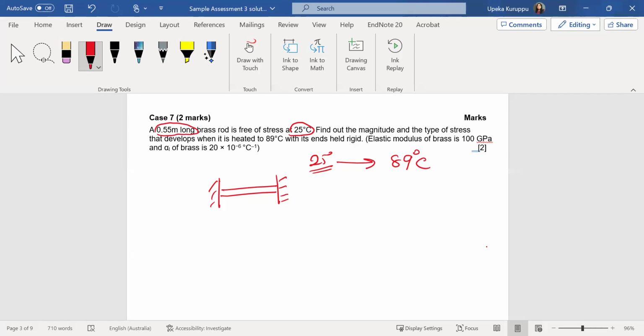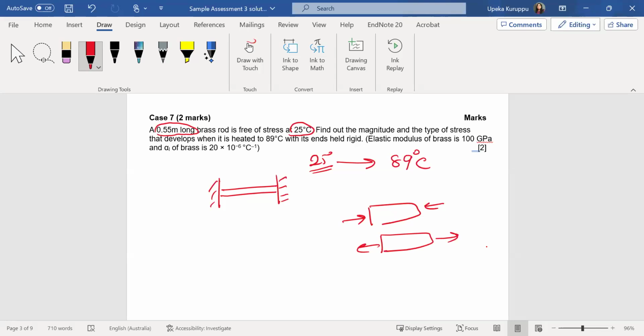So what kind of stress is it? Is it tensile or compressive? It's trying to expand, but the supports are pushing inward. Are the supports pulling the material or pushing the material? Pushing. So is it compression or tension? It's a compressive force, isn't it?